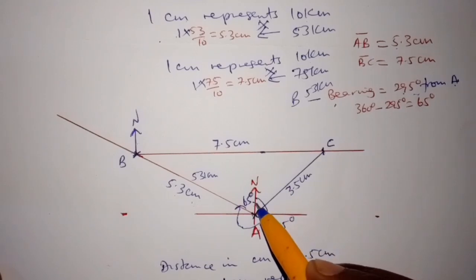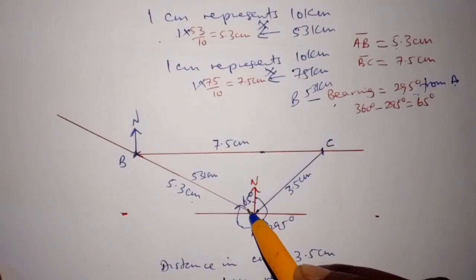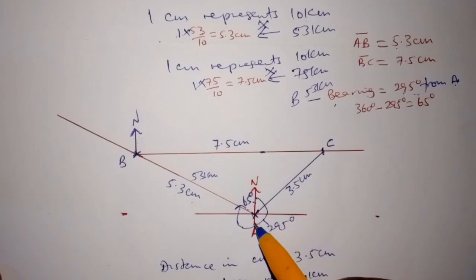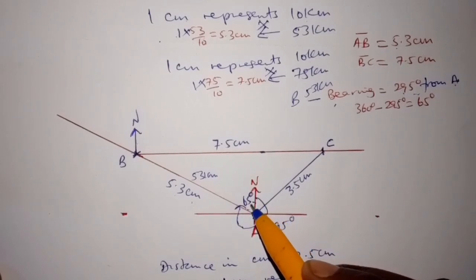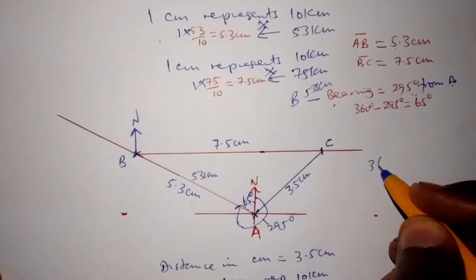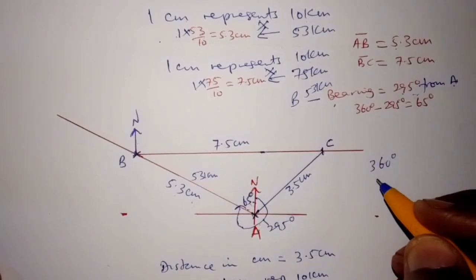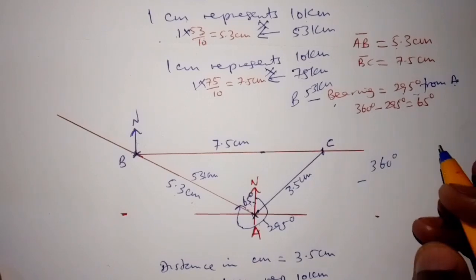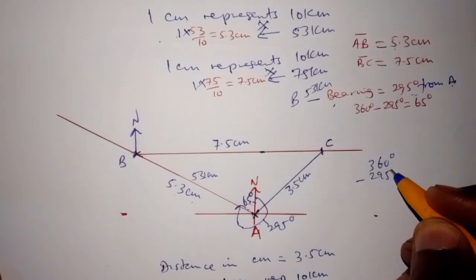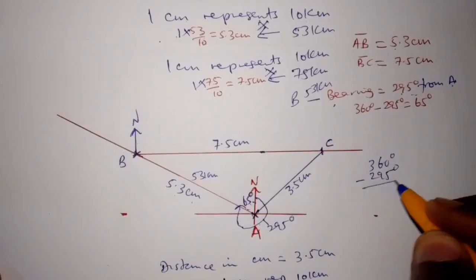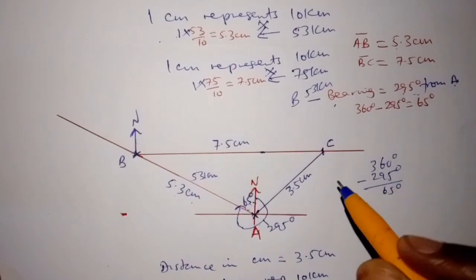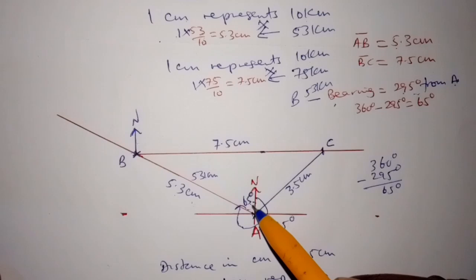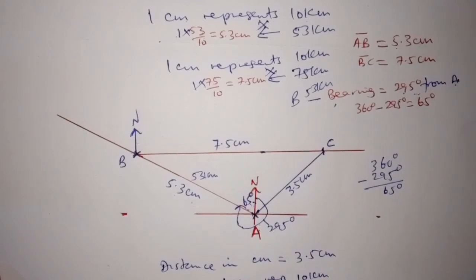The whole of a circle is 360 degrees, so if we want to get the angle here, it is 360 degrees minus 295 degrees, which gives us 65 degrees. So here this is 65 degrees.